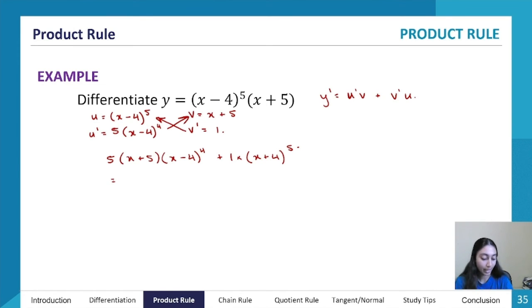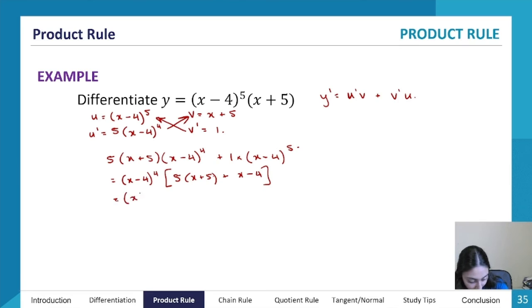Okay. Now I'm going to take out a common factor of x minus 4 to the power of 4, which leaves me with 5x plus 5 plus x minus 4.